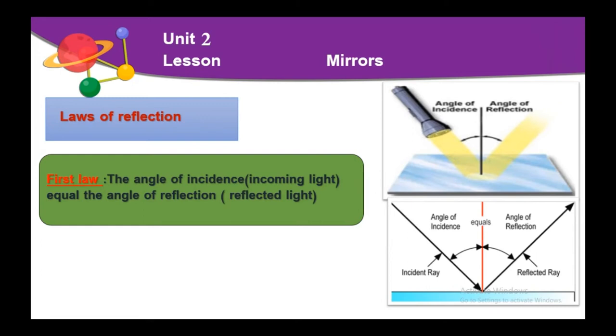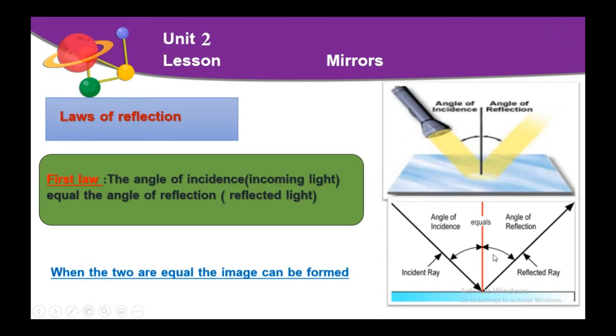This law, we talked about in the previous year. Yes, this means that the angle of incidence, that is the angle between the incident light ray and the normal, equals the angle of reflection, that is the angle between the reflected light ray and the normal. That is the first law.